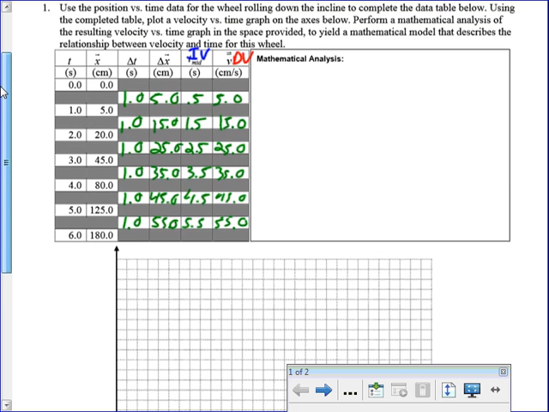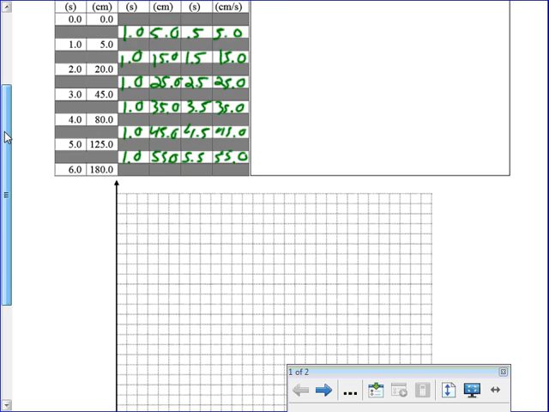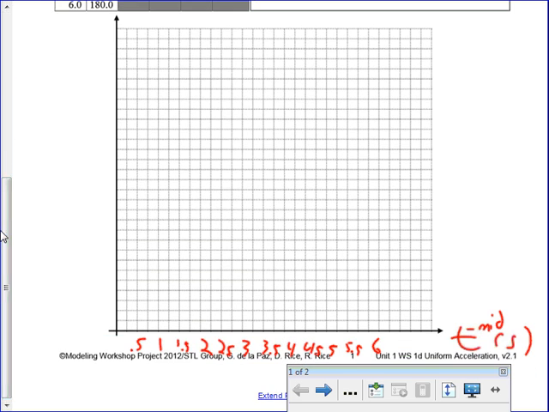I can then plot my individual velocities with time. I know that my total velocity goes all the way up to 55. I have about 30 boxes, so I can count by, let's say, twos.